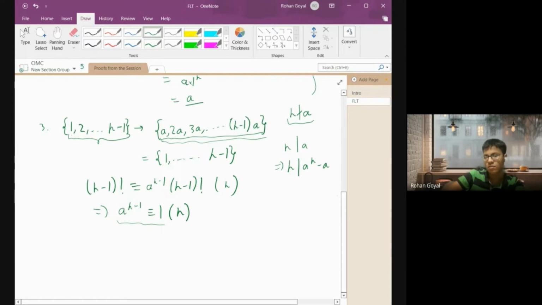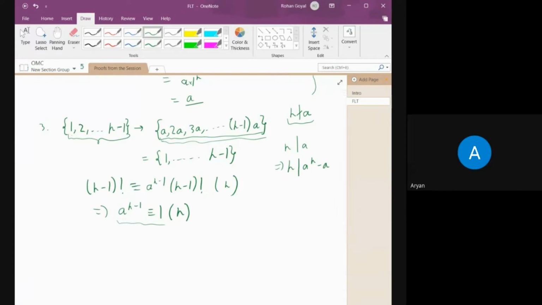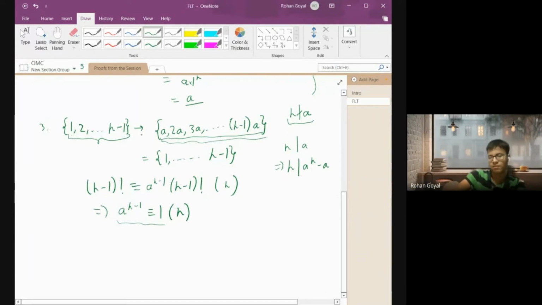And none of these two are the same as well when I check the remainder. Because if they were the same, then I could just take the difference, which should be divisible by p. But the difference of any two of these is not divisible by p. Okay, I got it. Yes, so the product must be the same. So we get the desired result.